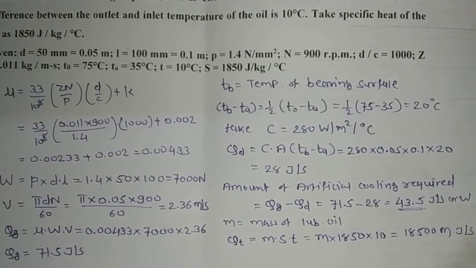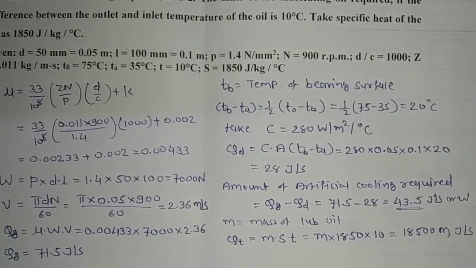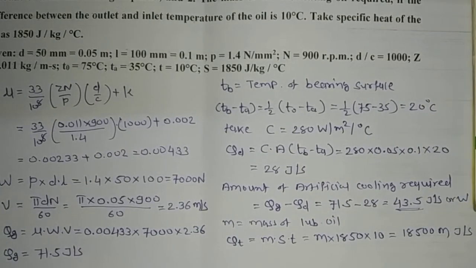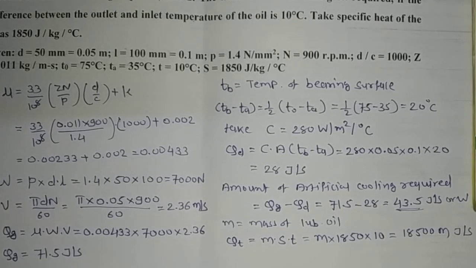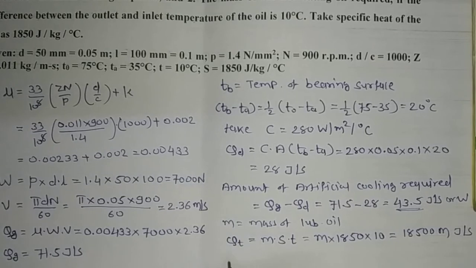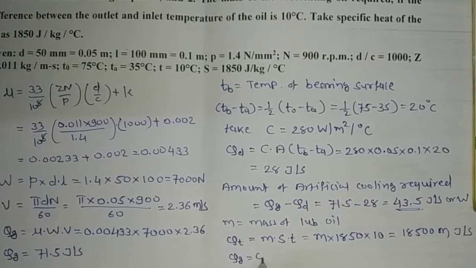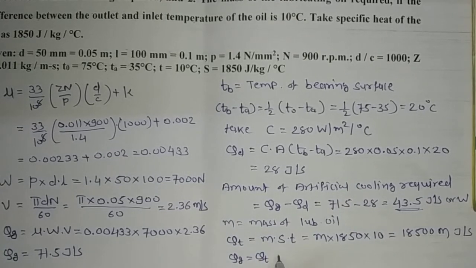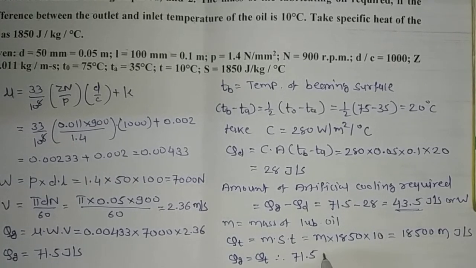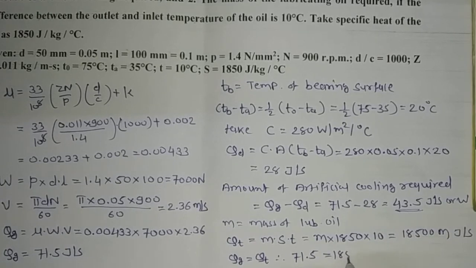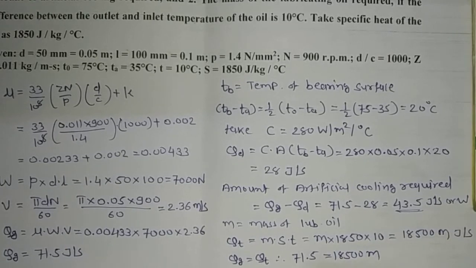Now we know that the heat generated Qg is equal to Qt. So therefore we can say Qg is equal to 71.5 is equal to 18,500 M.